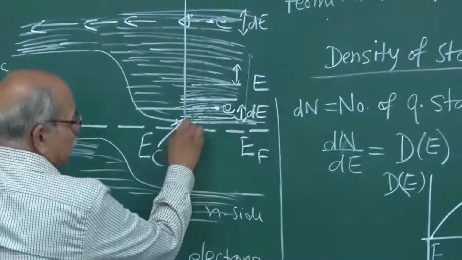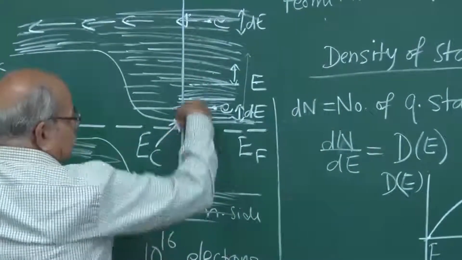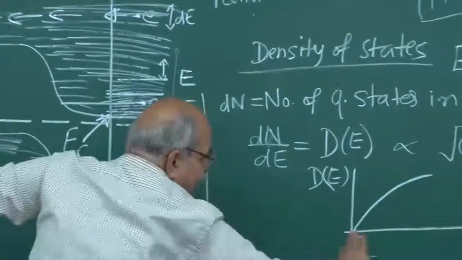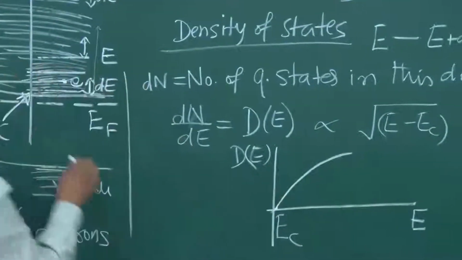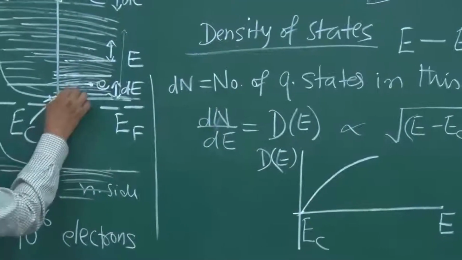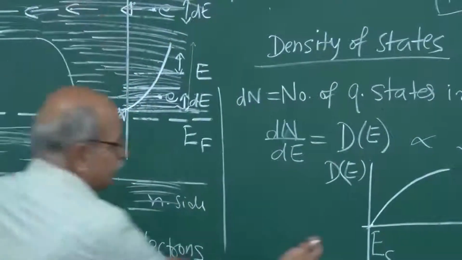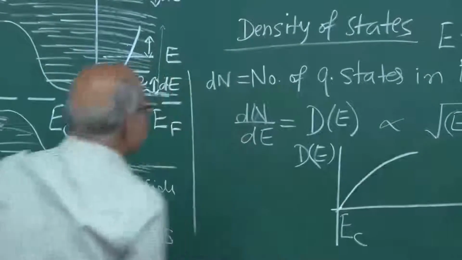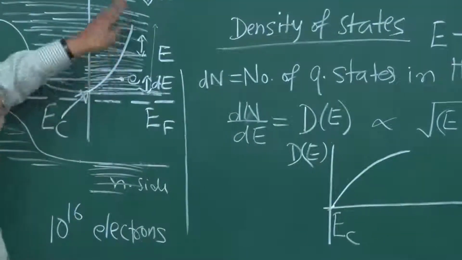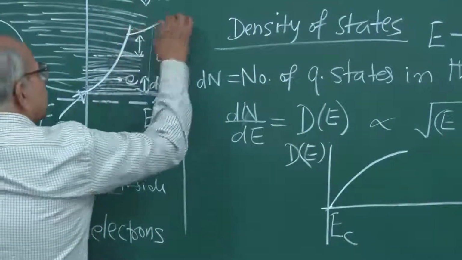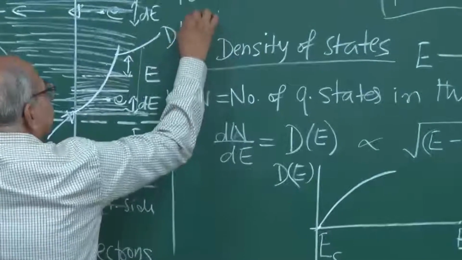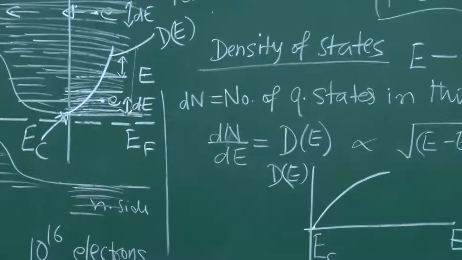Here is 0, and then the slope is going down, down, down. So here it will be like this, as I am increasing the energy, it is bending like this. So this will be your dE, density of states.